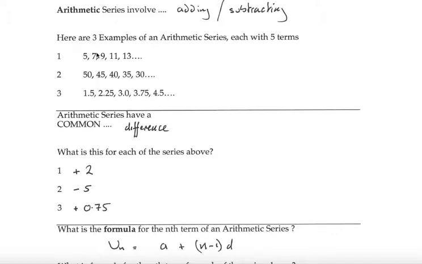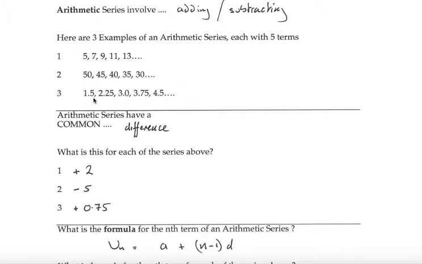Now each difference is 2 in this case, so I'd have 5 plus 99 steps of 2. If I wanted the 100th term for this series, it would be 50 plus 99 lots of minus 5, because every time I go along another term, I take off another 5.